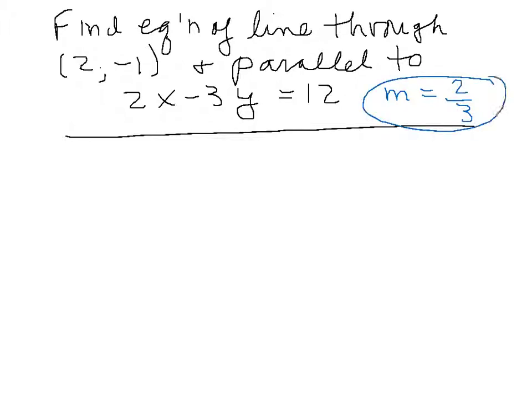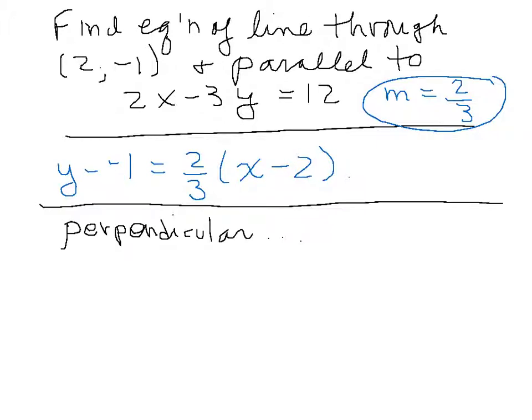So you should do that work on the side to be sure you can do it. But now what I have is a point and a slope. So the answer to the question is y minus minus 1 is equal to slope times x minus 2. Get it?